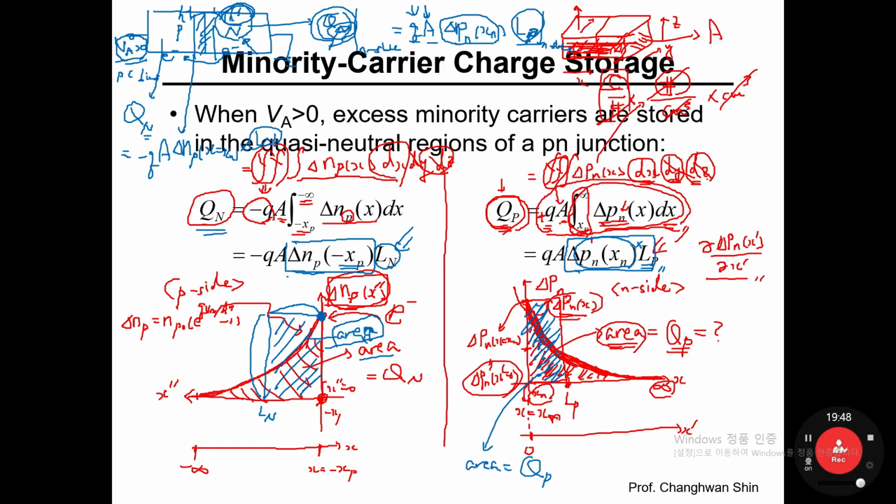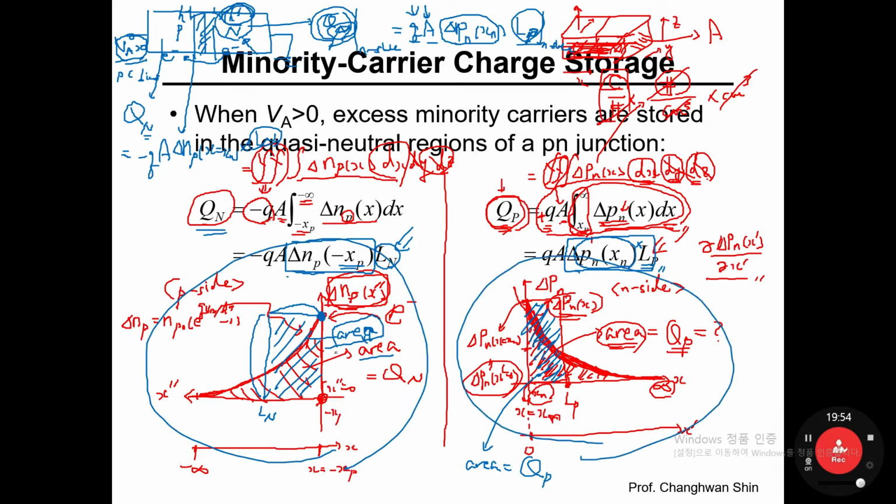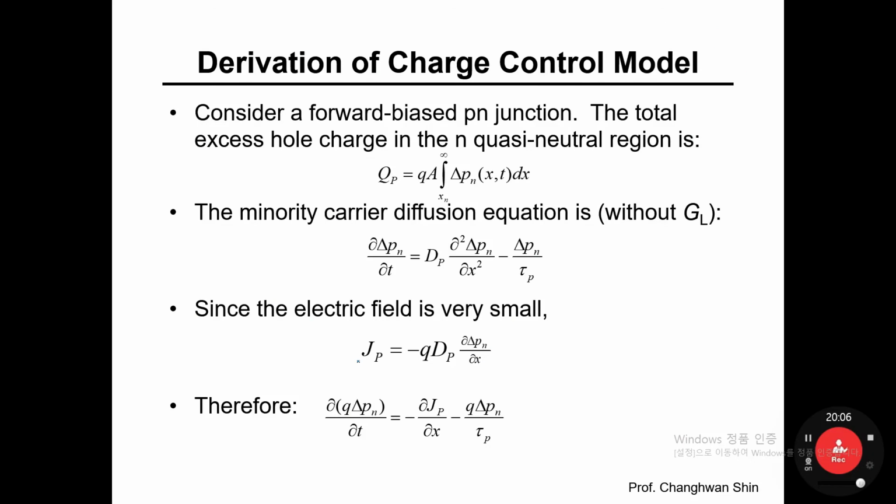Okay, so think about this situation under forward bias. Now we have successfully derived the equation for the red colored area. Okay, so now we have equipped ourselves with good gear to derive the ideal diode equation.